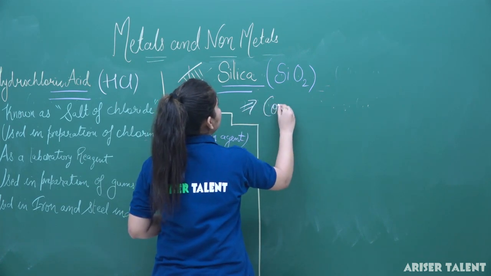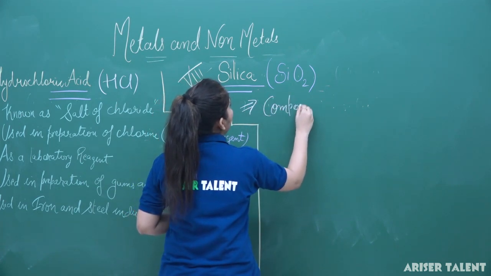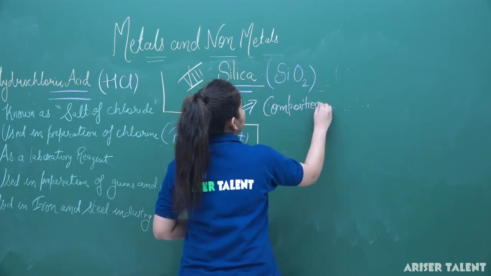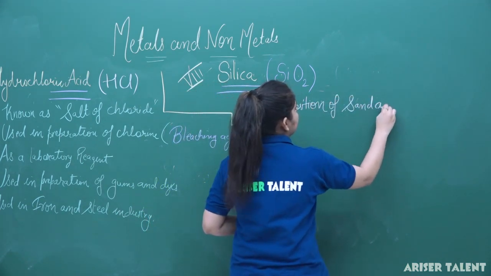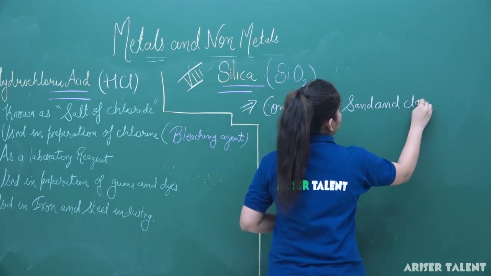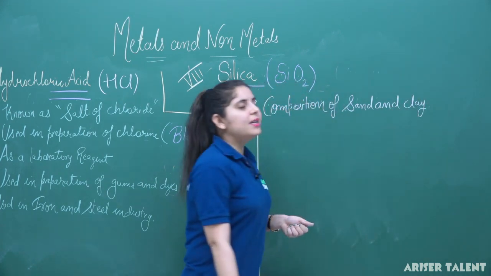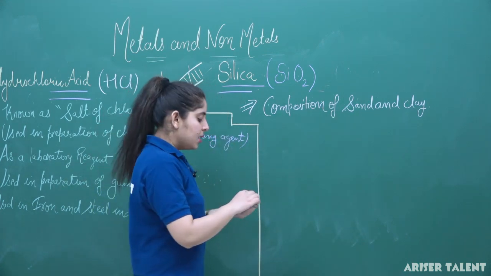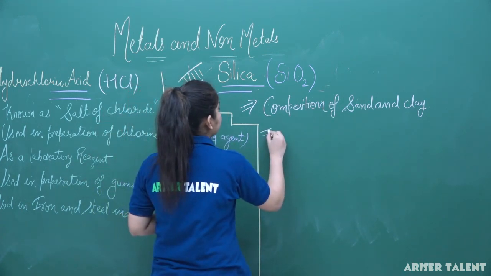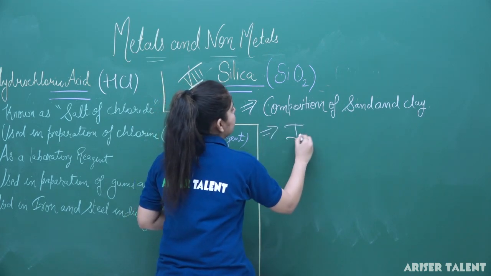So it is actually the composition of sand and clay. It means it constitutes a requisite proportion of sand and clay. Next is Jasper.